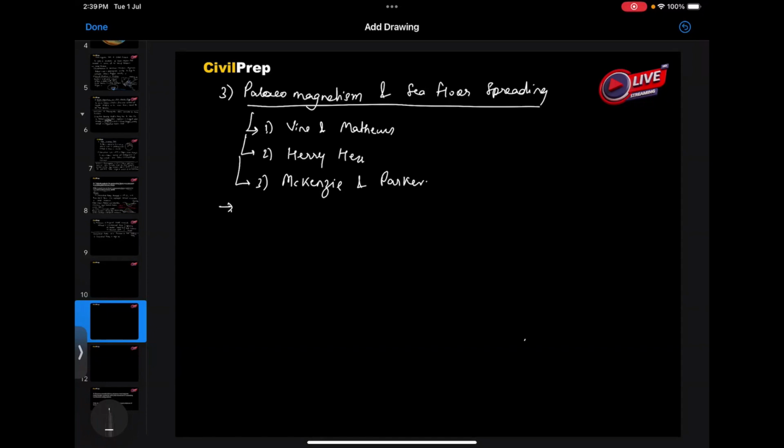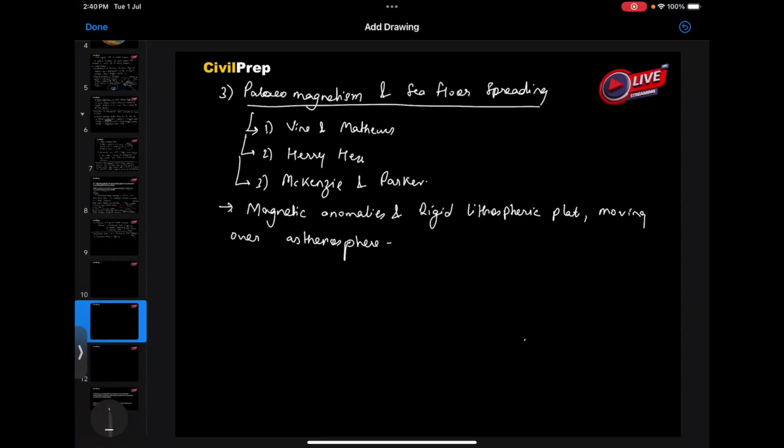So here they specify the magnetic anomalies and the rigid lithospheric plate, which is moving over the asthenosphere.